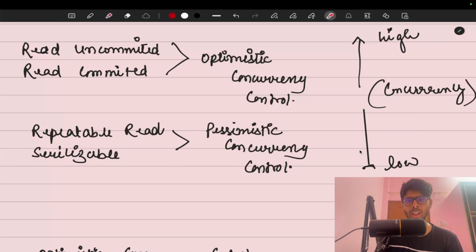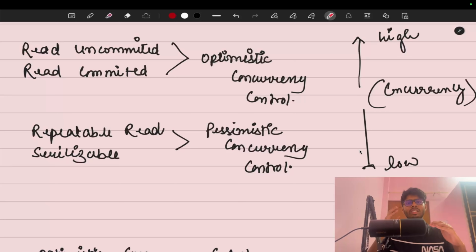Let's understand with an example. Suppose T1 is writing data on row number 1. The row is going to be locked. If the row is locked, can any other transaction read that particular row? The answer is no. Then all the other transactions have to wait, or they are not going to happen.